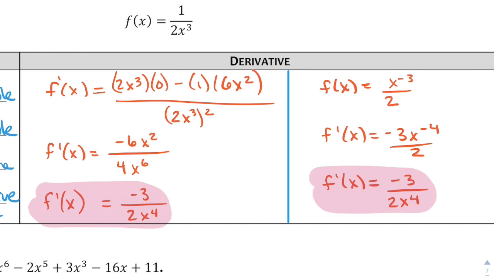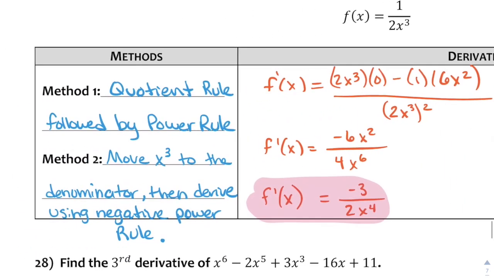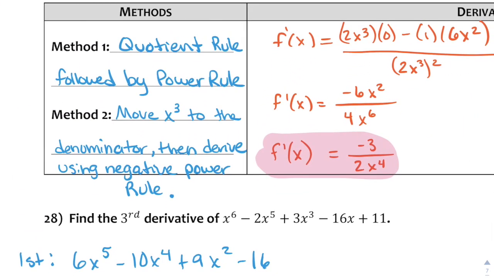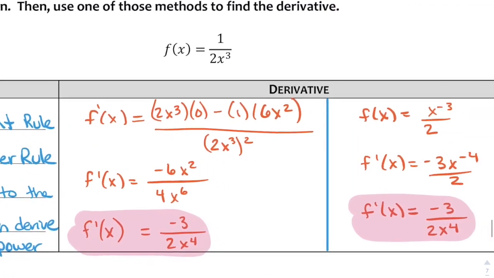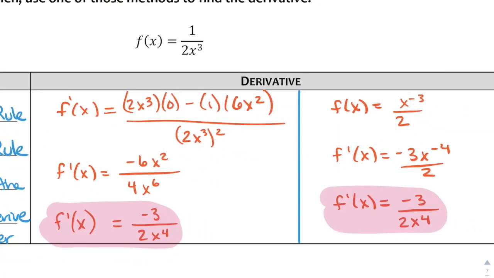I derive it and get negative 3x to the negative 4, and then I move it back down in the place where it belongs in the denominator to make it a positive exponent, and they are the same regardless. So using the quotient rule or using the negative power rule, I put that in the method column. Either one is right. They are both the same. Answer: not the same method.